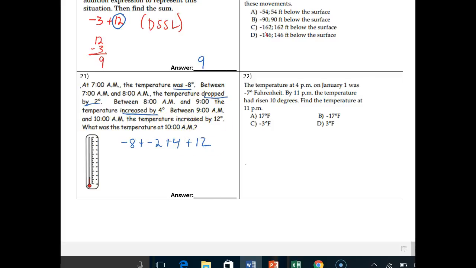All right, so you essentially have 2 SSAK problems here, -8 plus -2 and 4 plus 12. So let's just do those together. -8 plus -2 is -10. Same signs, add them up, keep the sign. 4 plus 12 ends up being 16. Now I have a DSSL problem, right? So I have DSSL in the end, 16 minus 10. My answer is 6. Is that positive or negative? Well, I have more positives, so my answer is 6.